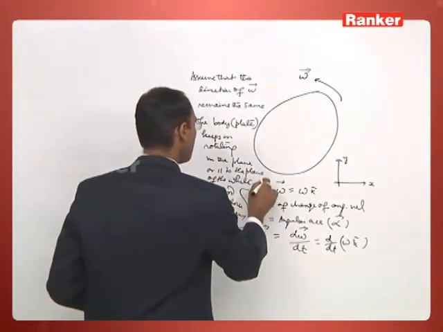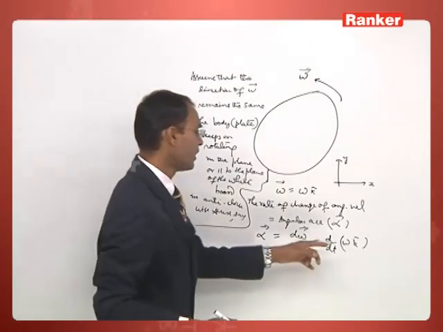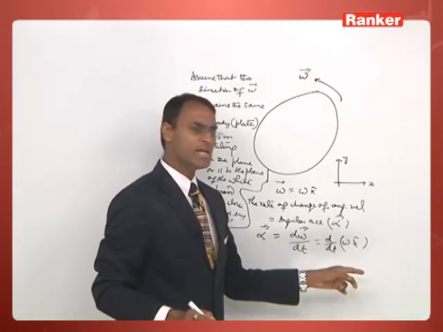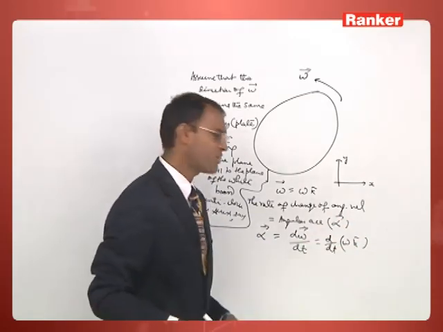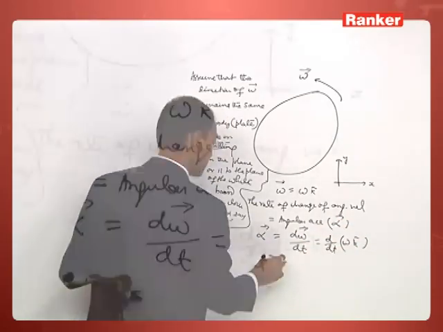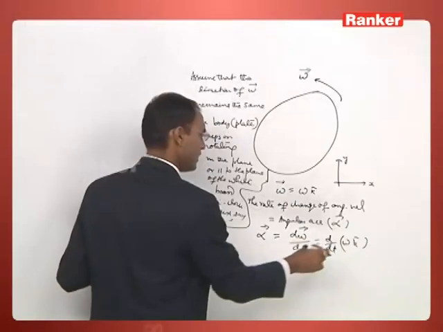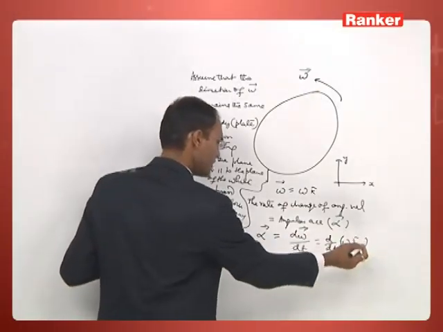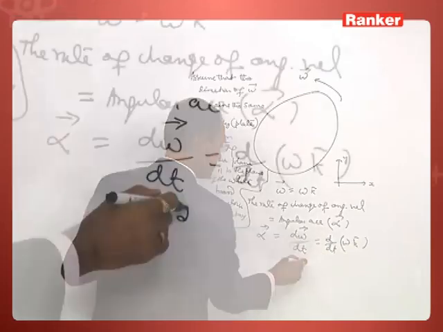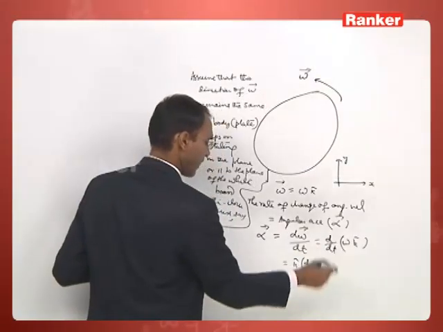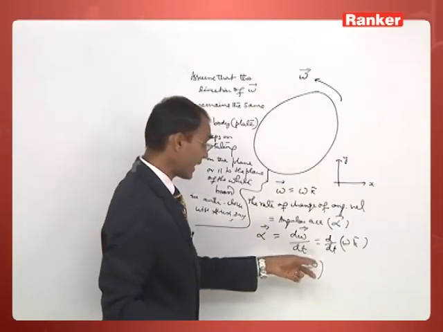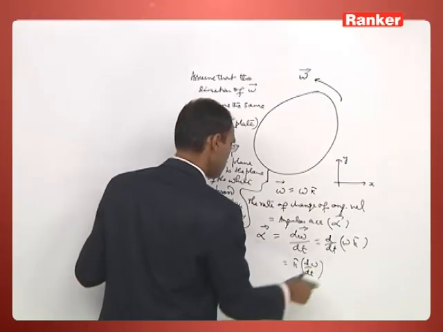Under this assumption, so long as it is moving in anticlockwise sense, the k cap direction remains constant. And since the direction remains constant, take the constant part, this vector quantity, out of the derivative. So we are getting just the derivative of the magnitude of the angular velocity, or the angular speed.